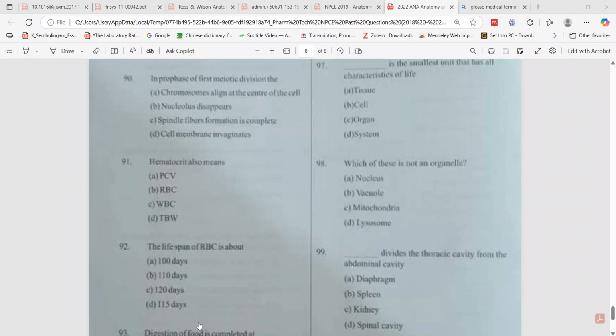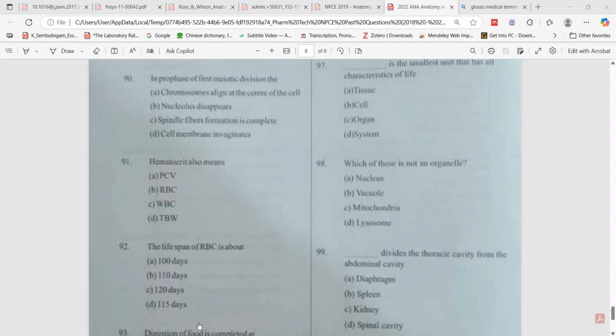The nuclear membrane has to disappear. At metaphase, the chromosomes must be aligned. In prophase, chromosomes condense and the nuclear envelope breaks down. At metaphase, the chromosomes align at the center.